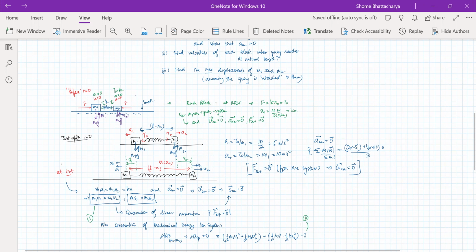Okay, so got the answer now? It'll be comparatively small speeds. I mean, they'll probably be in centimeters per second.